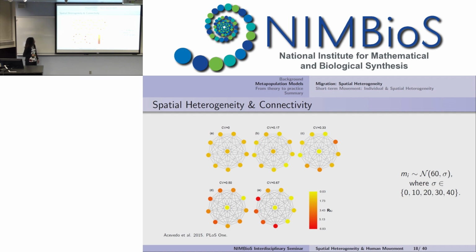So we make the transmission different in each of the patches by choosing a different ratio of mosquitoes to humans for each of the patches. So for a given network, let's say that I'm looking at the case where we have the highest degree of heterogeneity. We construct this network by drawing the ratio of mosquitoes to humans for each of these patches from a normal distribution with mean 60, and in this case, standard deviation of 40, our highest degree of variation.